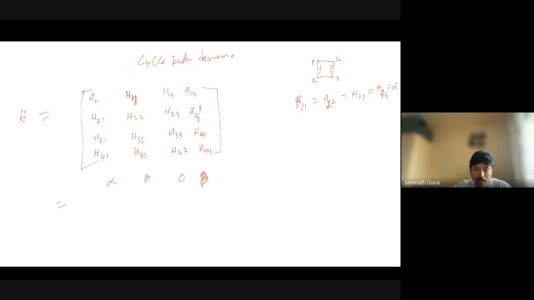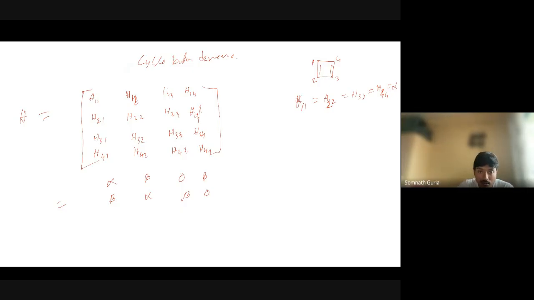So here the matrix changes. This will be the beta, because 1 and 4 are connected here. And H12 is also beta. H22 is alpha. Then H23 is the beta. And H24 will be 0, far away. This is 2, here is 4, so this will be 0.